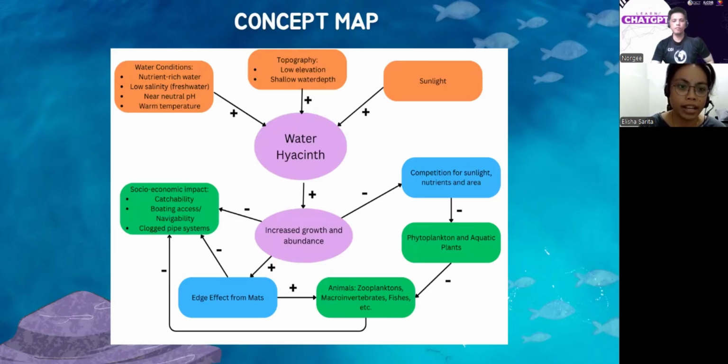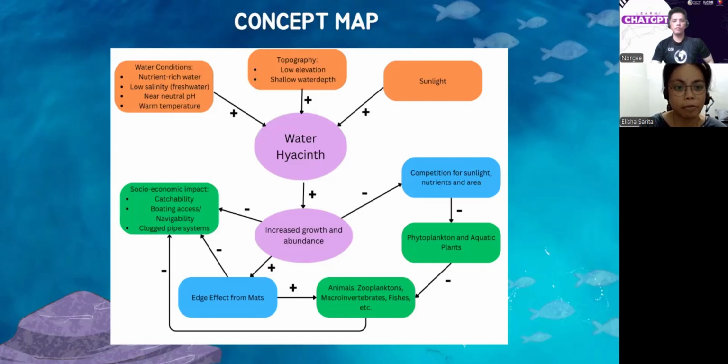But the way that it works is that when it takes in a lot of sunlight, it becomes a big competition to other vegetation in the environment. When it also takes in a lot of nutrients, it becomes a competition as well to other underwater vegetation and to its surrounding biotic organisms.